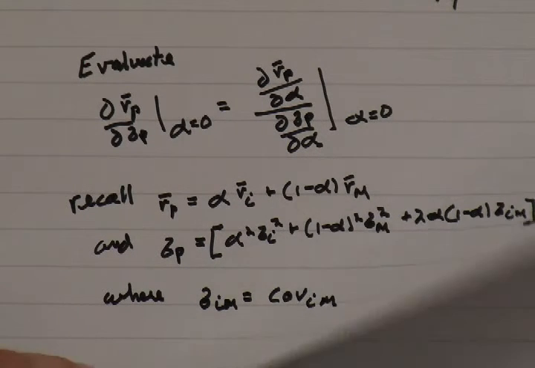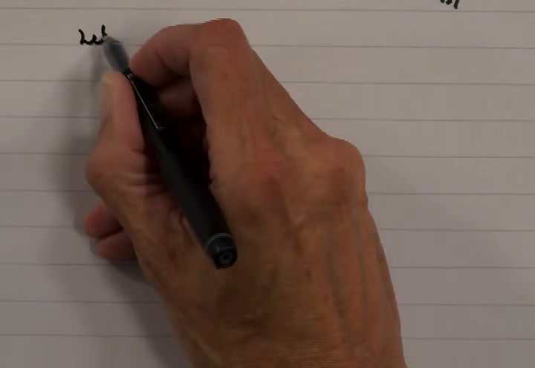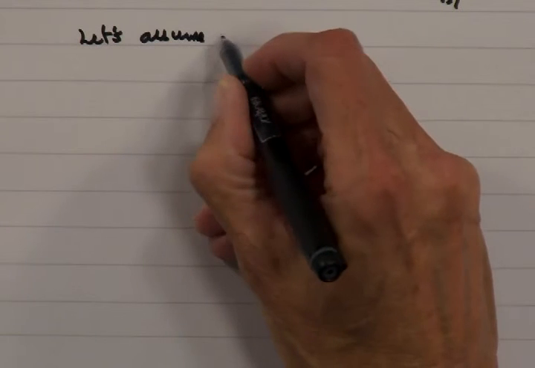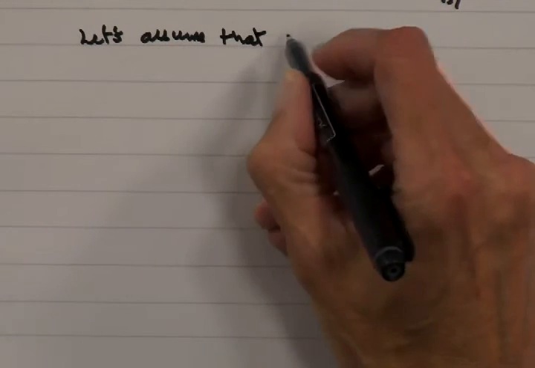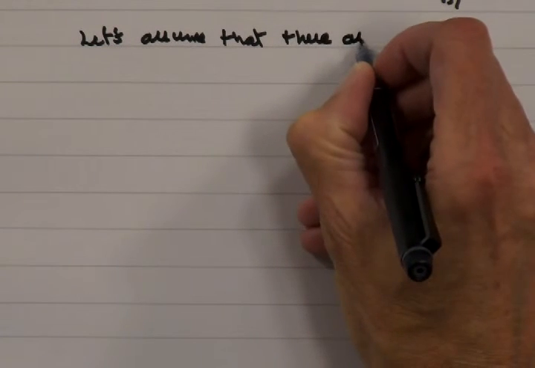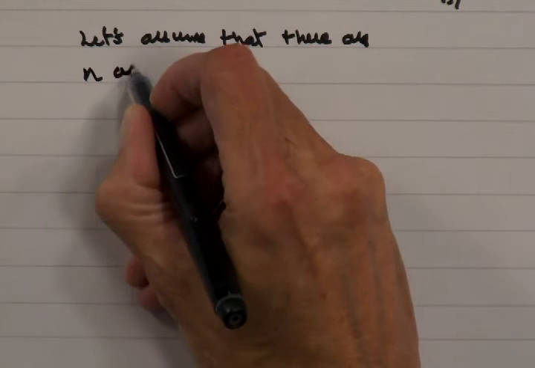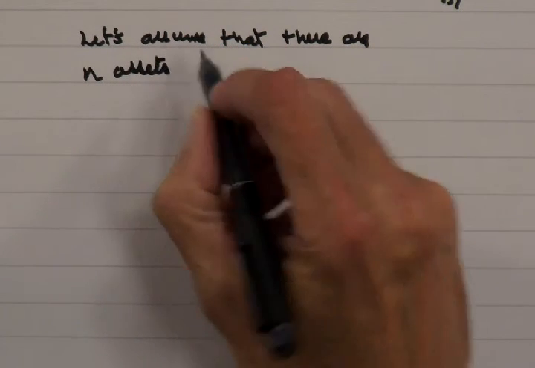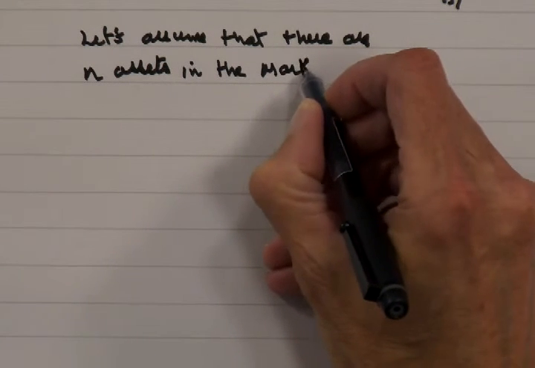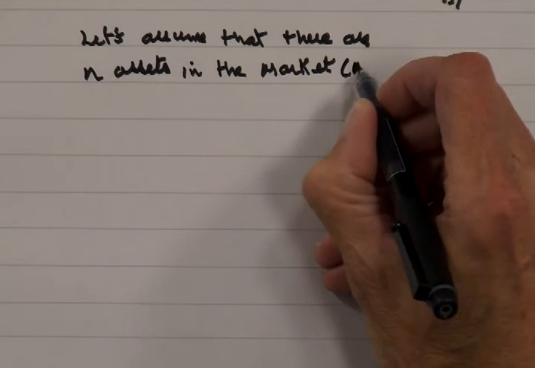Now let's assume that there are n assets in the market. Our market is M. Okay.